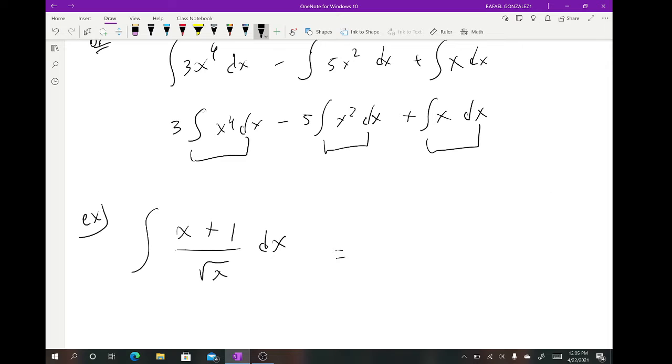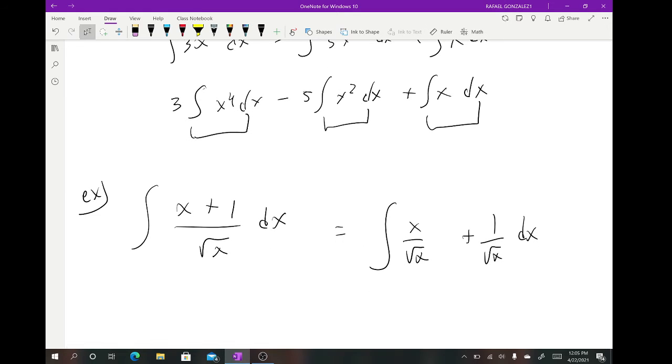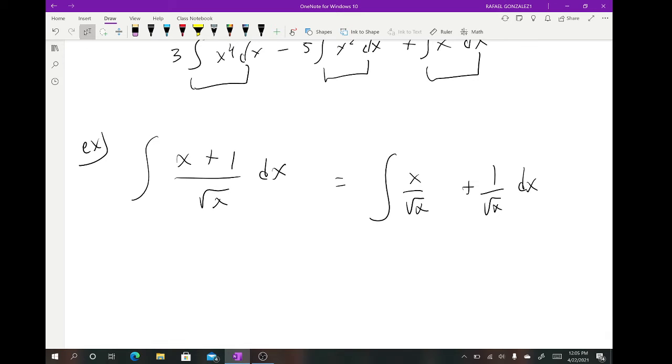Now, if somebody gave you something like this, the first step you should do is always try to rewrite it so that you could simplify. So one way of doing this is to write it as x over square root of x plus 1 over square root of x dx, because this is now going to allow us to split up the integral and then work on them independently.